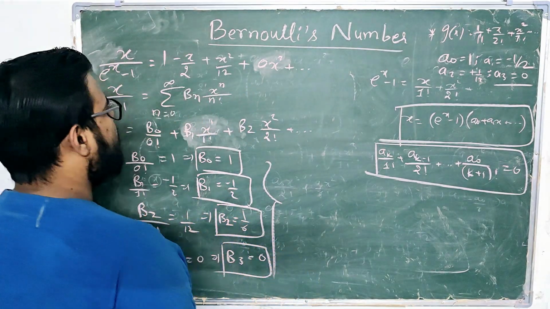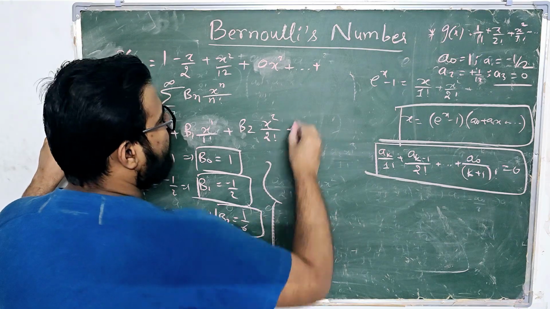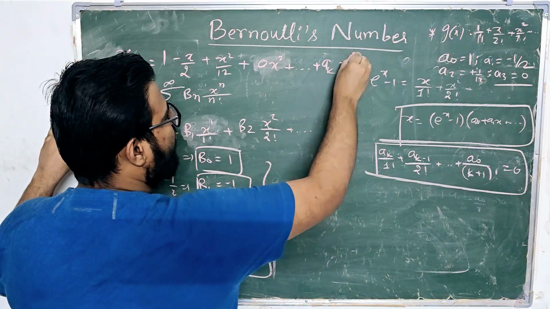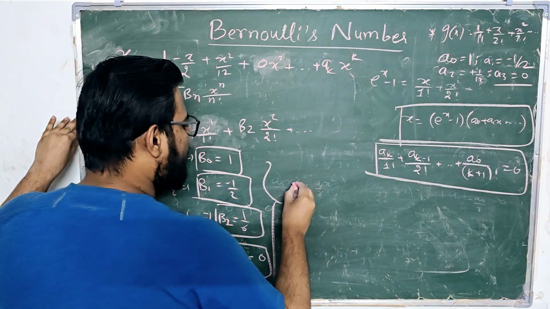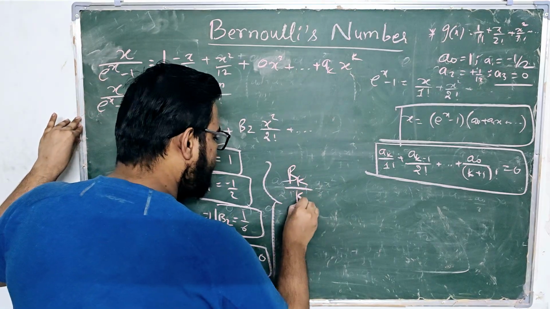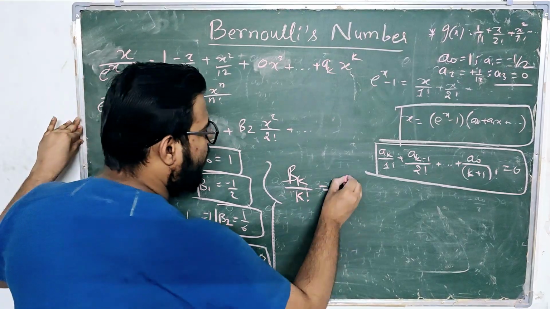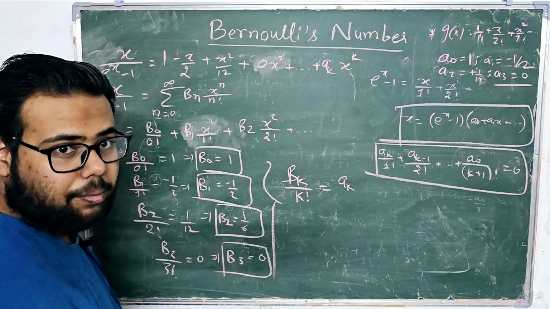Now suppose there is a term over here ak x raised to power k. Okay, so we'll have bk divided by k factorial is equal to ak. Correct?